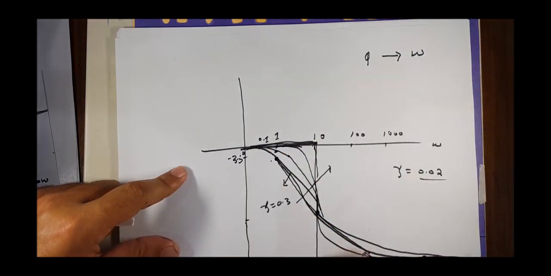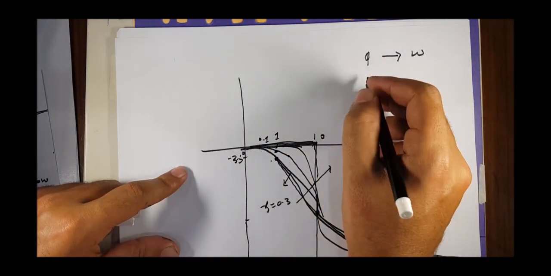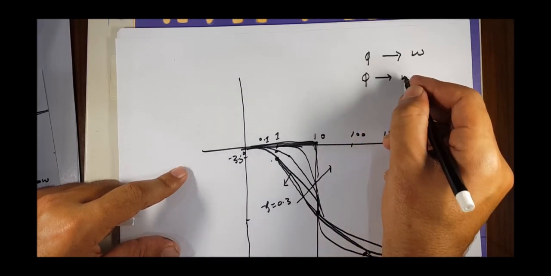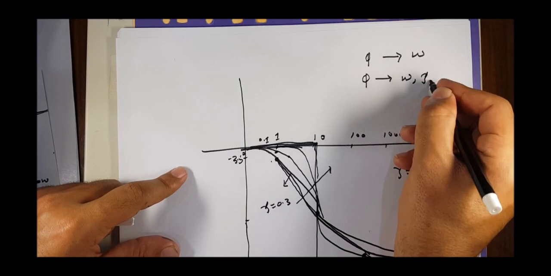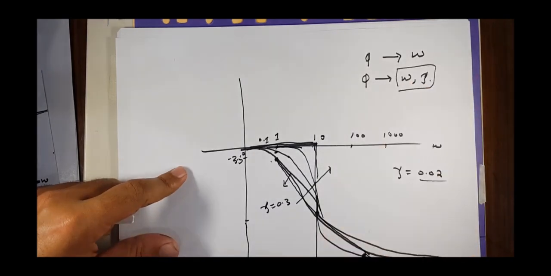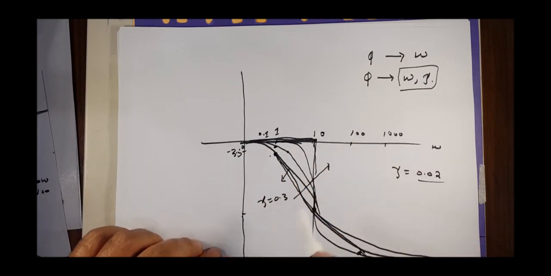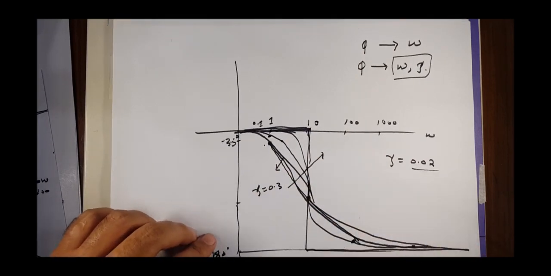But when you have complex poles, it means you have two things to look for when you are plotting phase. One is omega and the second one is zeta, the damping ratio. And this is how it will change the phase of your plot.